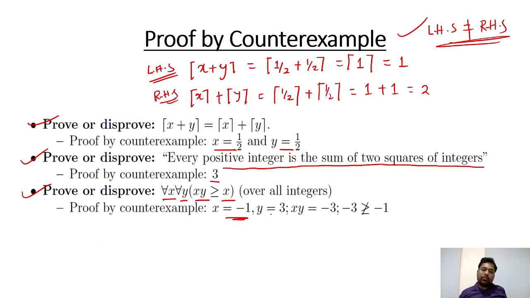Here the value of x is -1, value of y is 3, so x into y is -3 because minus 1 into 3 is minus 3. So minus 3 is not greater than or equal to x, which is minus 1. Since it is not, you have disproved it. This is how the counter example is working.